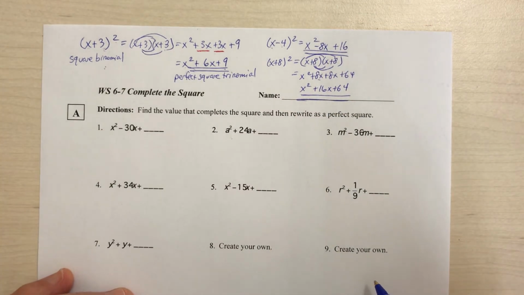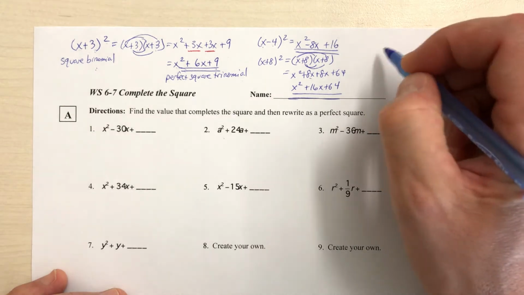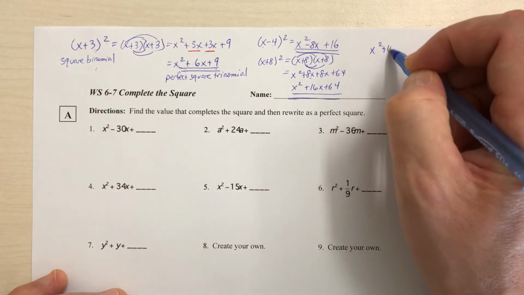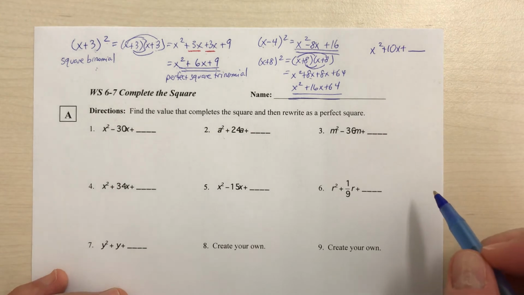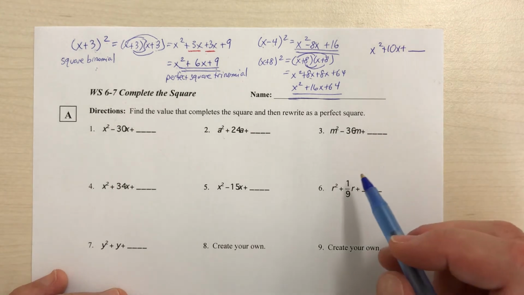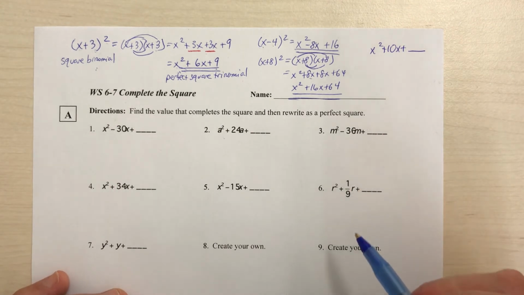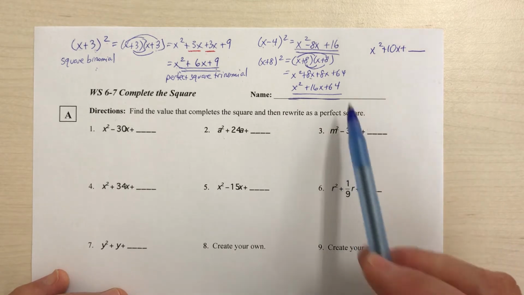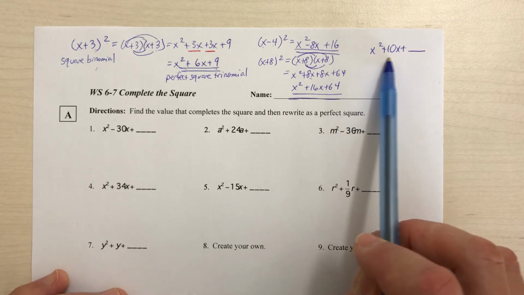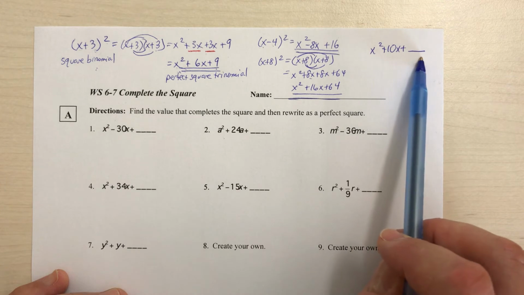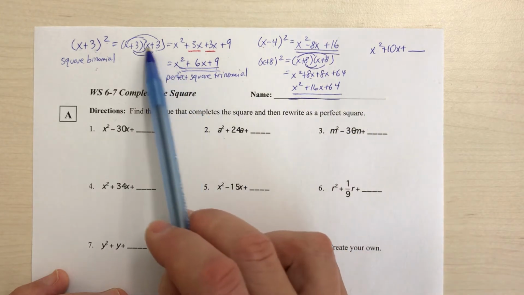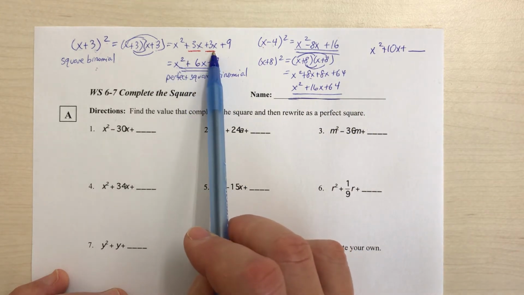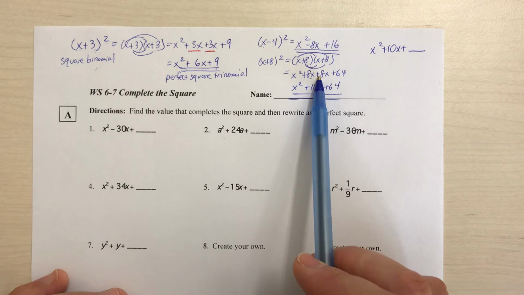Now what happens though if we're working backwards? Let's say we have x squared plus 10x plus something, and we want to make that a perfect square trinomial so that we would then be able to factor it. Well, for this to be a perfect square trinomial, the middle term has to repeat itself. So in other words, 3x and 3x, 8x and 8x.